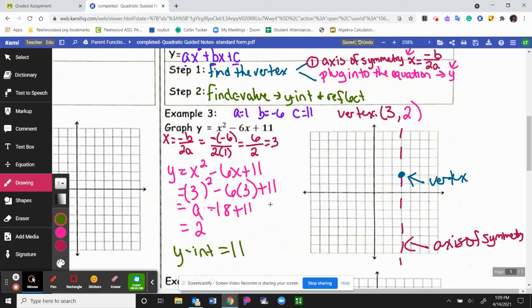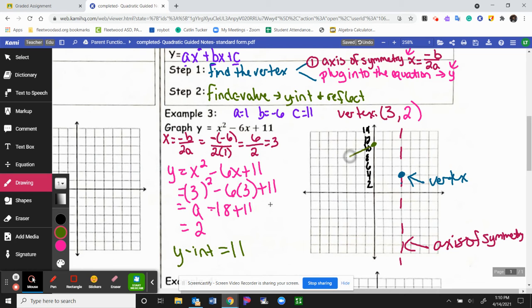fit. So we're going to have to make this a little bit smaller, or we need to just change our scale here. So instead, I'm going to count by 2s. Now my y-intercept of 11, 2, 4, 6, 8, 10, is going to be right there.